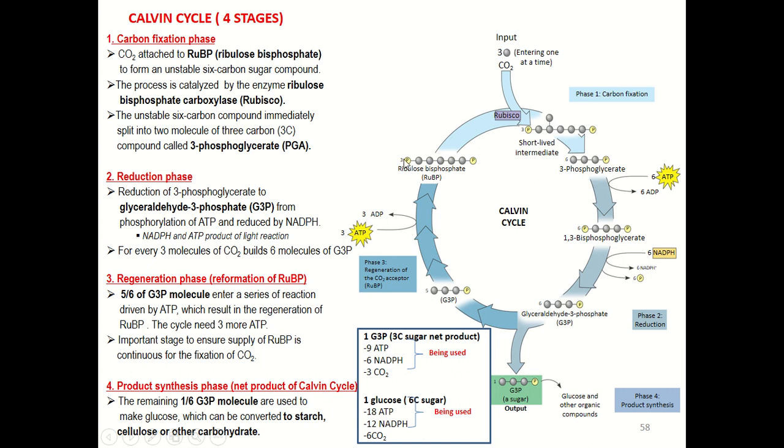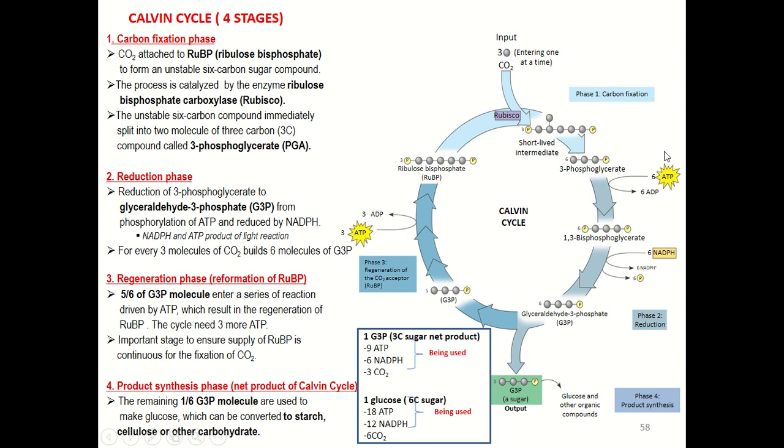So 3 multiplied by 5 is equal to 15, 3 multiplied by 1 is equal to 3, so 3 plus 15 is equal to 18. So 6 multiplied by 3 is 18. So we now have 18 carbon molecules.